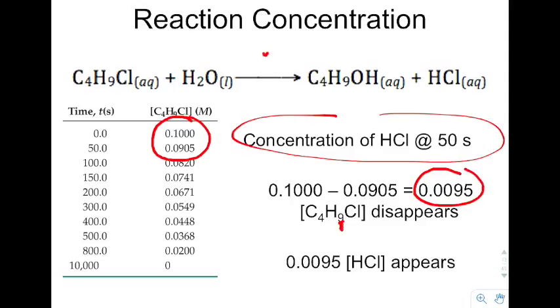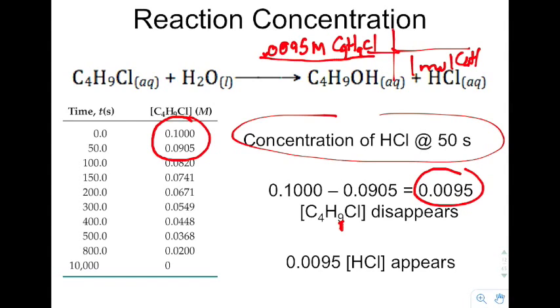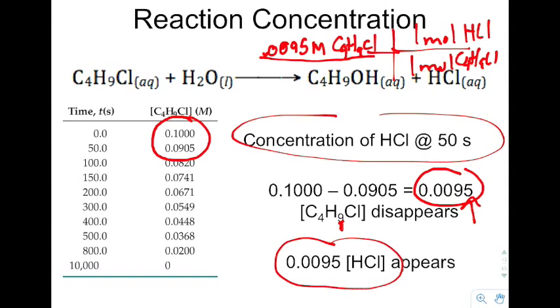If I have 0.095 molarity of C4H9Cl, for every 1 mole of this, I produce 1 mole of HCl. So for every 0.095 of this to disappear, 0.095 of HCl should appear.